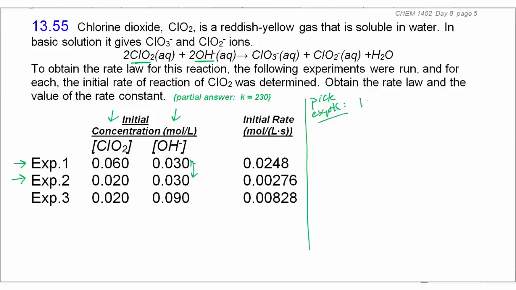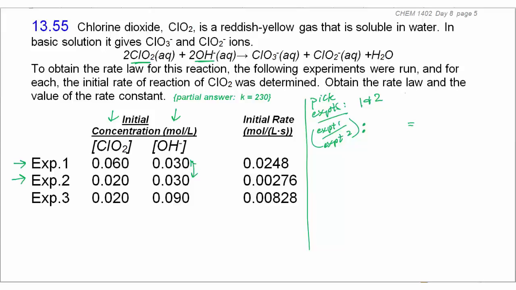Let's pick experiments 1 and 2. Now, which one do you want to divide by which one? Divide the bigger by the smaller, right? So let's do experiment 1 divided by experiment 2. So divide the two rates.